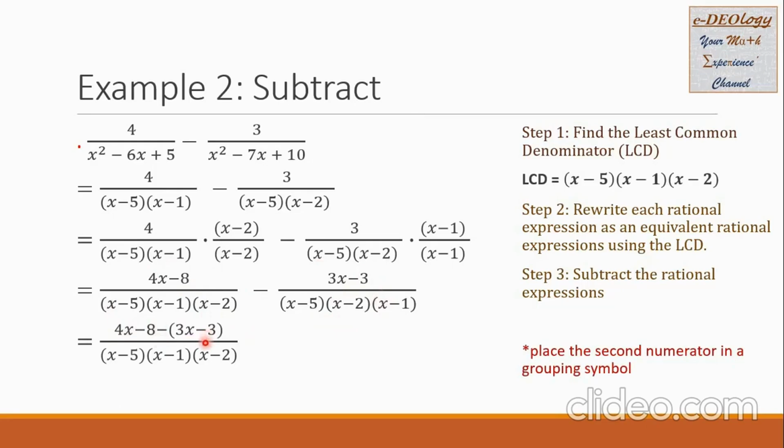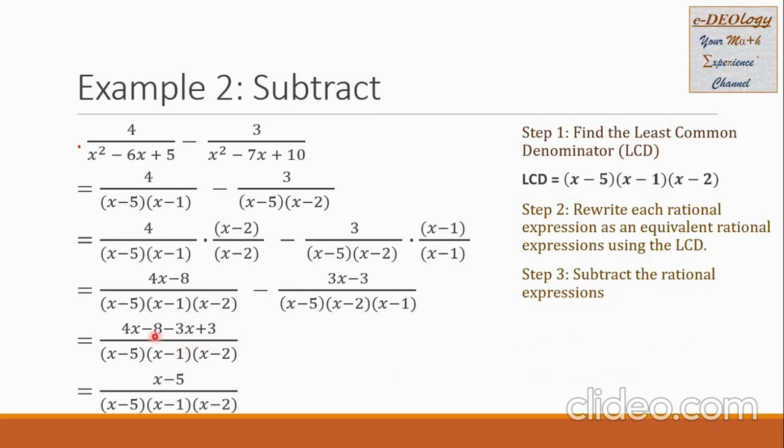There is a note that we should always put this into a grouping symbol, because later we are going to remove the grouping symbol and we need to change the sign of all the terms inside this grouping symbol. So we have now here negative 3x and then positive 3.